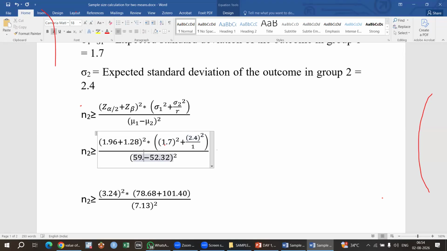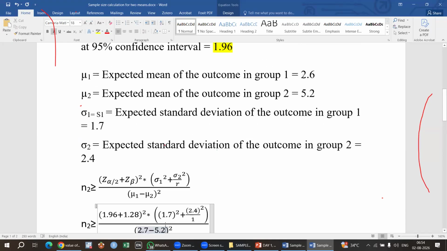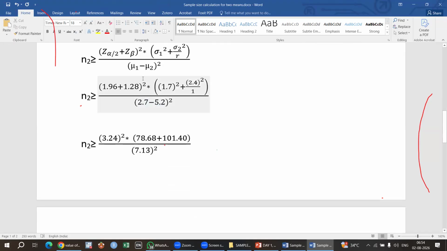Mu1, 2.6, and mu2, 5.2. If I am wrong in anything in entering, please tell me. Please see this, it is 2.6 here, mu1. So I have to fill 2.6 here. I think it is okay.